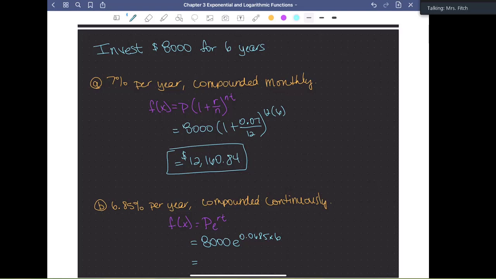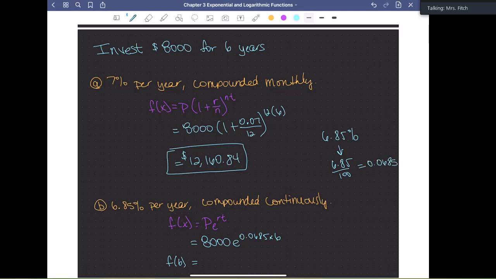Now we can put that into our calculator, and we're technically finding f. Why did you add zeros on top then? Because it was 6.85%, right? So we have to turn that into a decimal. Yep, so that's 6.85 over 100.